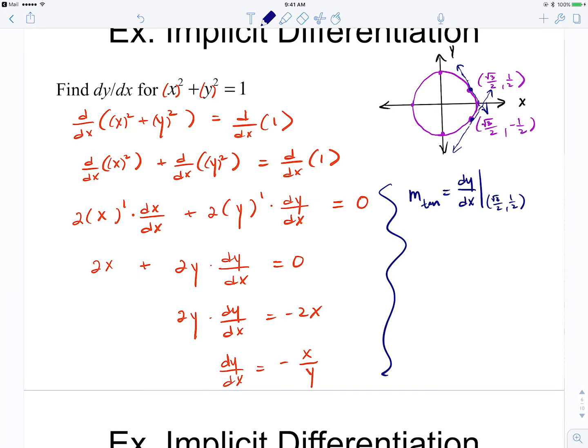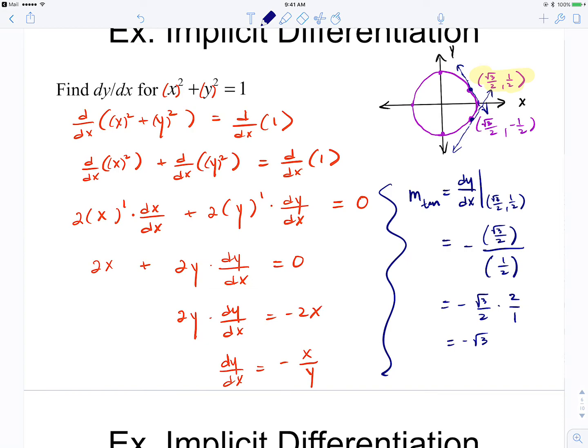I'm kind of running out of room, so I'm going to come below here. So it would be equal to negative, substituting root 3 over 2 in for x, over substituting 1/2 in for y. So that's equivalent to negative root 3 over 2 times 2 over 1. So just negative root 3. So that's the slope of the tangent line at this point.